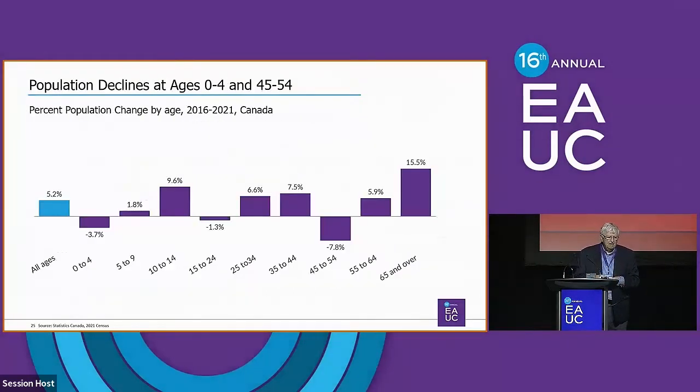And we can look at change over the 5-year period. Not surprising, the highest growth is in the oldest population, growing by about 16%, about 3 times the rate of overall growth. But also notice the declines in population at some ages. The 45 to 54-year-old population declining by nearly 8%.